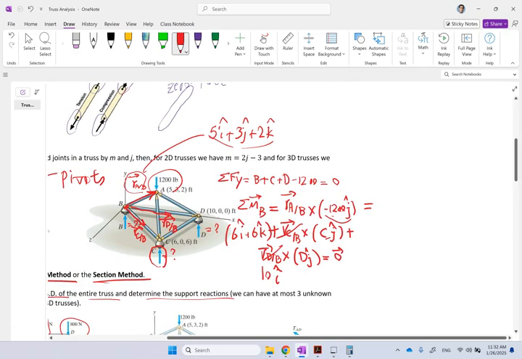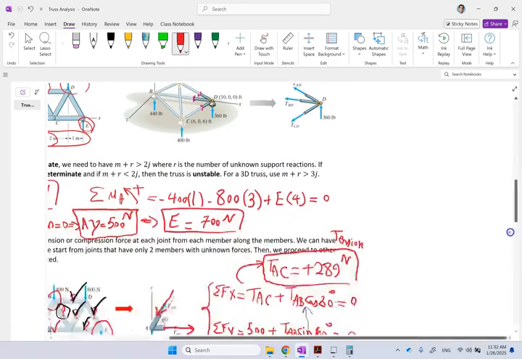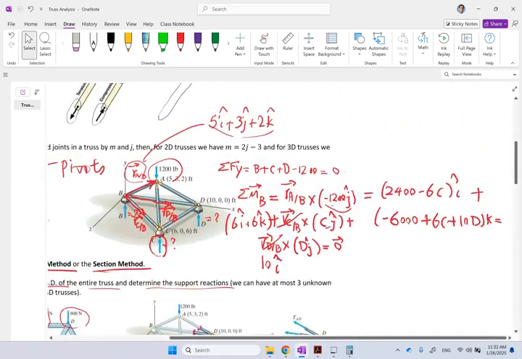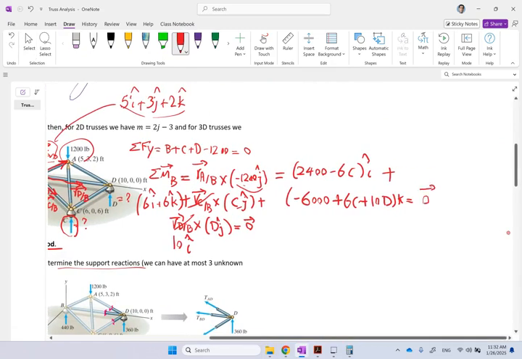If you expand that, it is going to be 2400 minus 6c i plus negative 6000 plus 6c plus 10d times k, the whole thing equals vector 0. As I said, there is no j because j cross j is not going to give you anything.